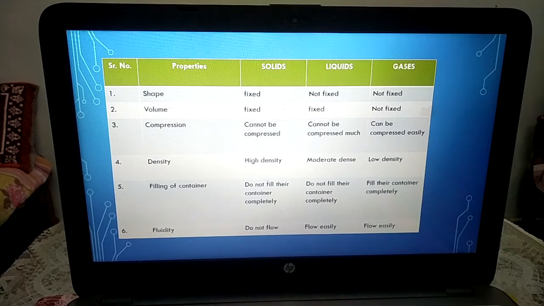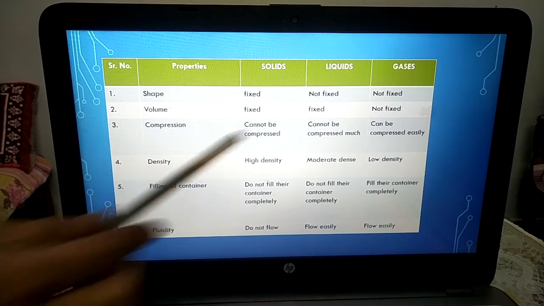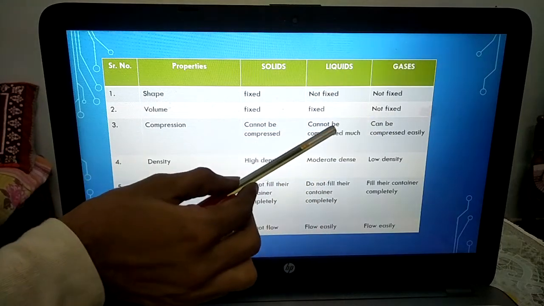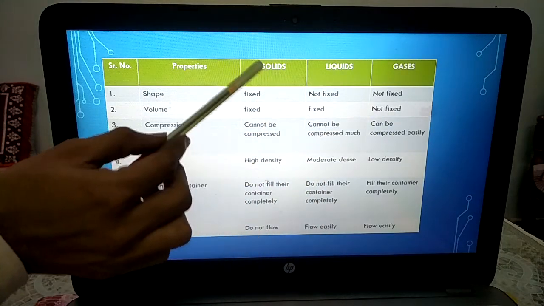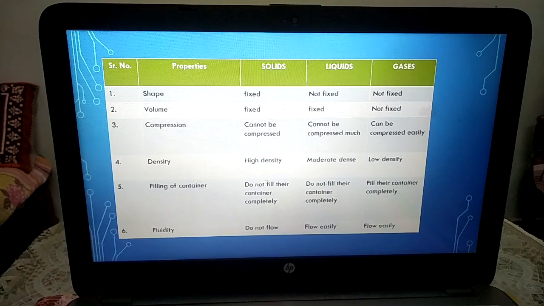Example, you have a balloon in your hand, and you can compress it easily as you want. So gases are compressible, liquids are not much compressible, and solids cannot be compressed. A brick cannot be compressed. Brick को दबाया नहीं जा सकता, balloon को दबाया जा सकता है.